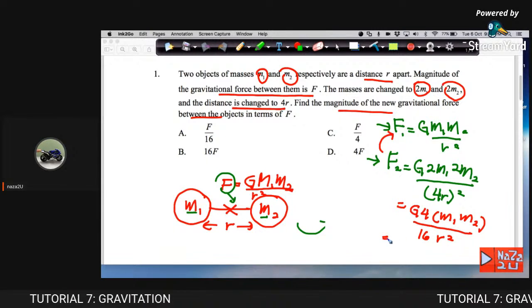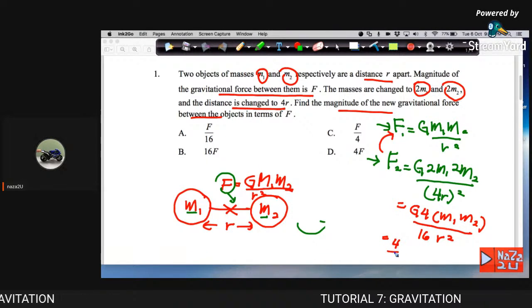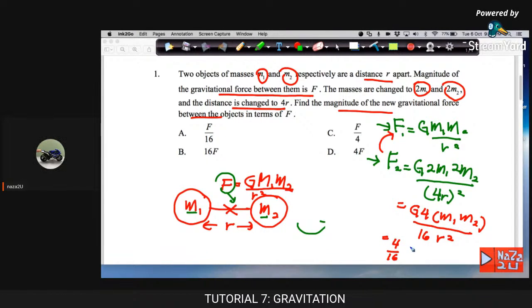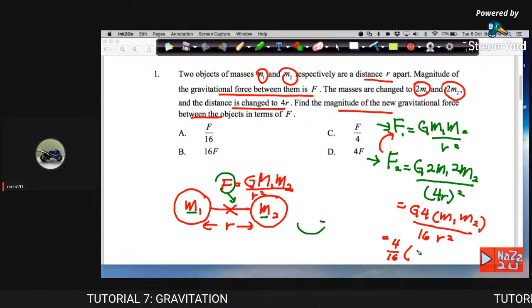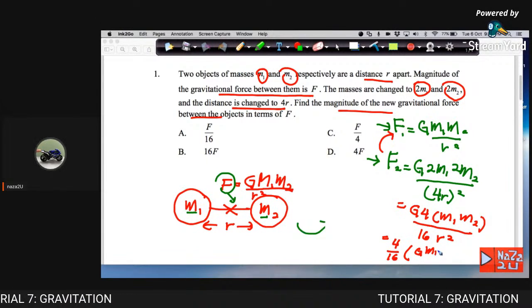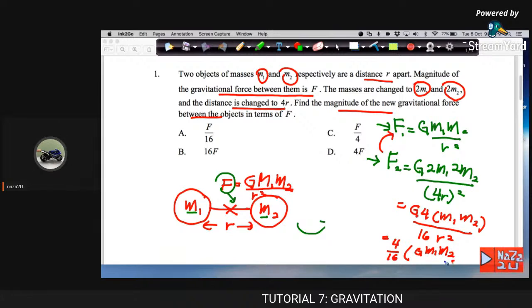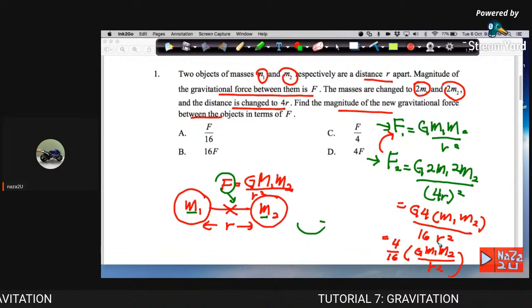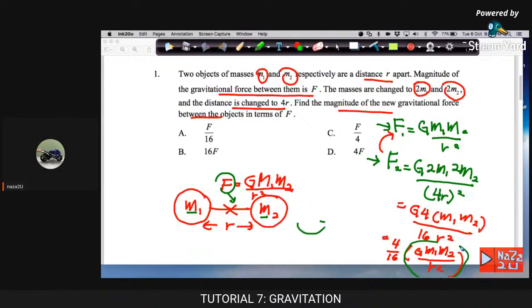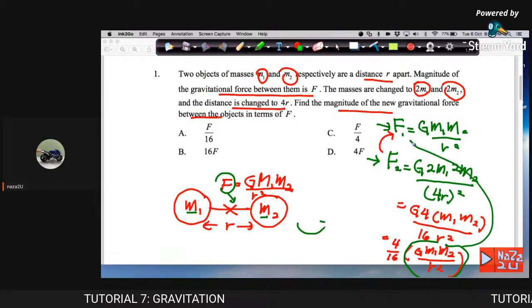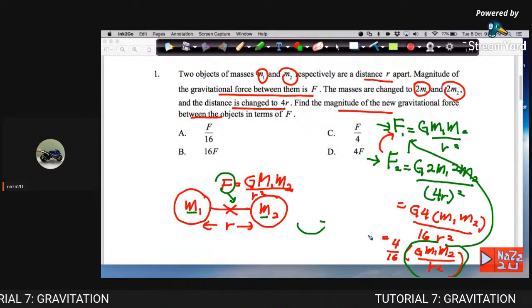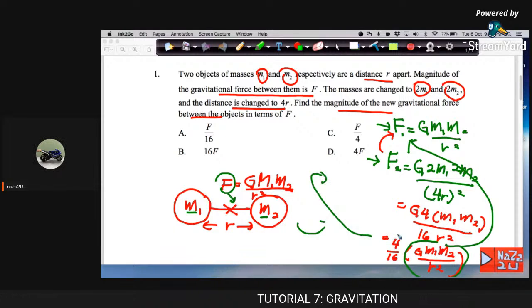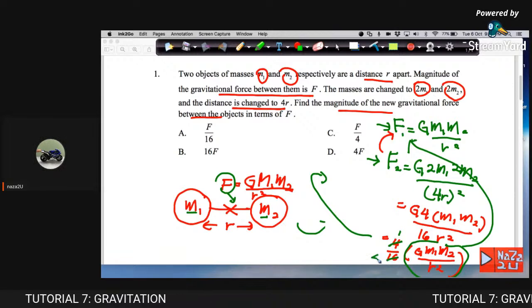Ataupun kalau saya permudahkan, this is 4 divided by 16 times G M1 times M2 divided by r square. Dan kalau kita perhatikan di sini, ini adalah sama dengan apa ni? Ini adalah sama dengan F1. Jadi kalau saya tulis kat sini balik, okay, nilai ini this is 4 and this is 4 times 4.